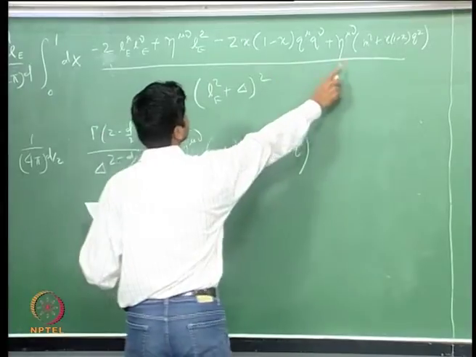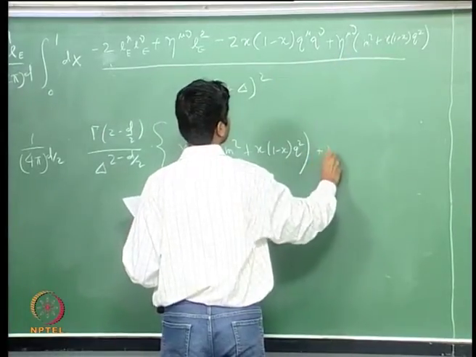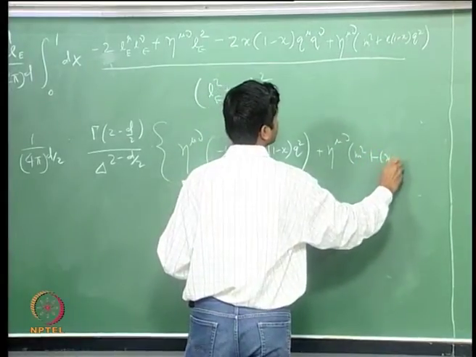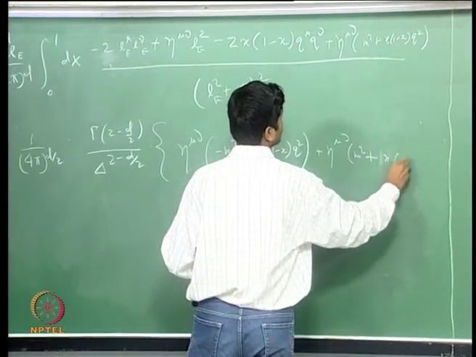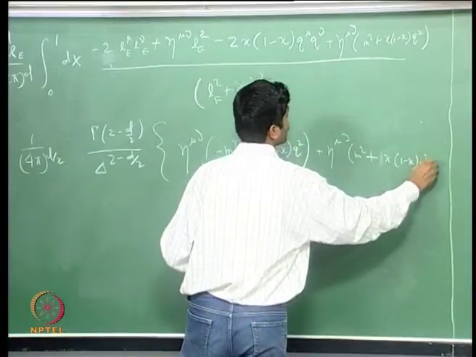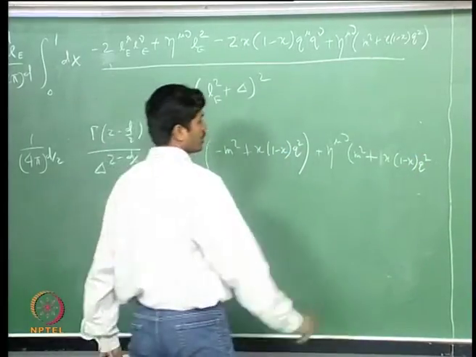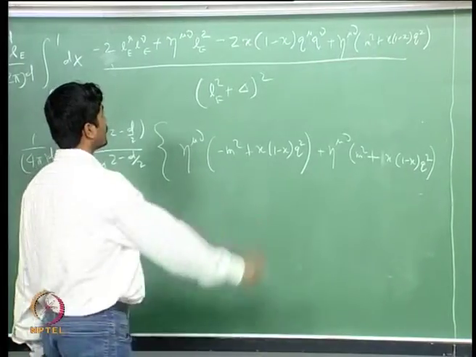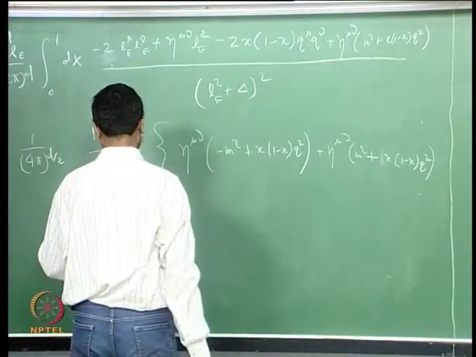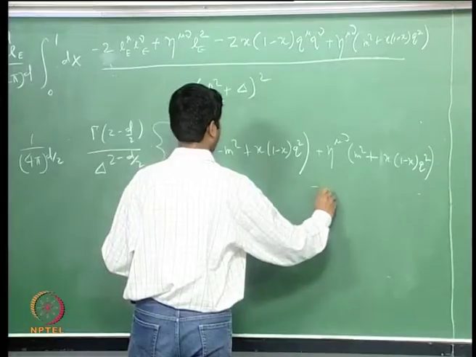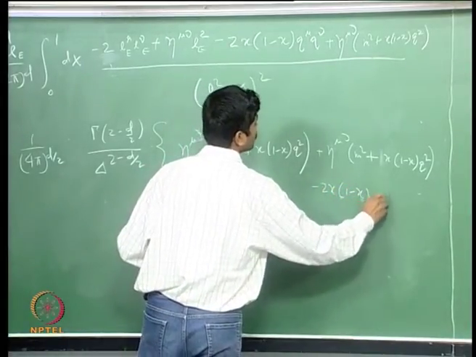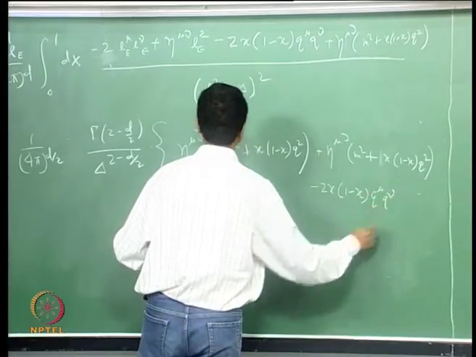And this term here plus eta mu nu m square plus x into 1 minus x q square, and finally, you have minus 2x(1 minus x) q mu q nu.